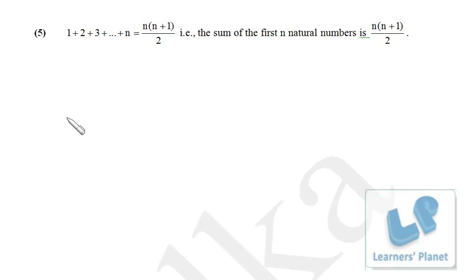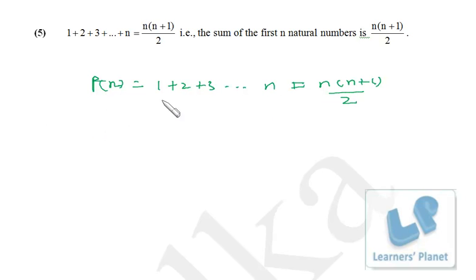Now let's take the first question. We have just discussed 1 plus 2 plus 3 till n is n(n plus 1) by 2. That is the sum of first n natural numbers. So the steps to be followed, just see carefully. Let Pn be 1 plus 2 plus 3 till n is equal to n(n plus 1) by 2.